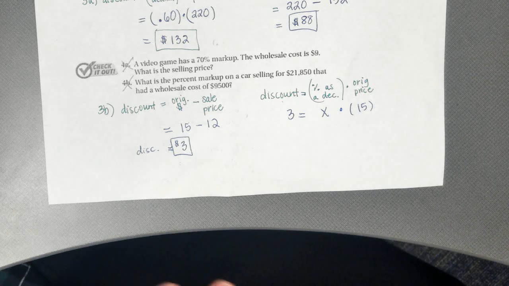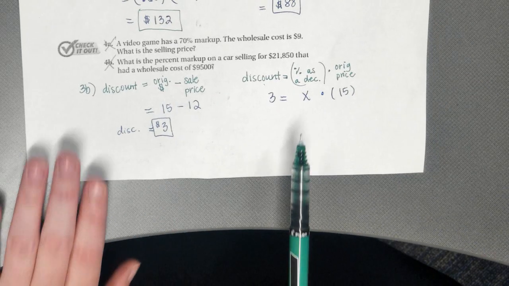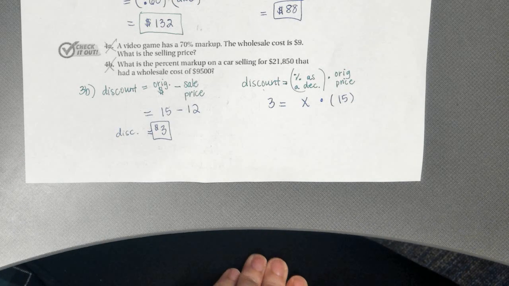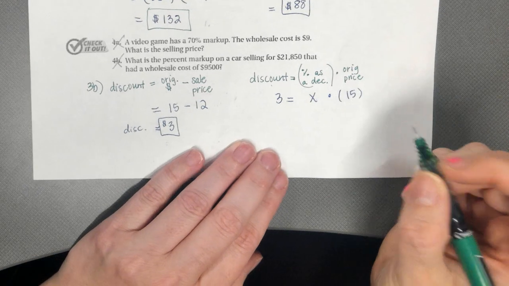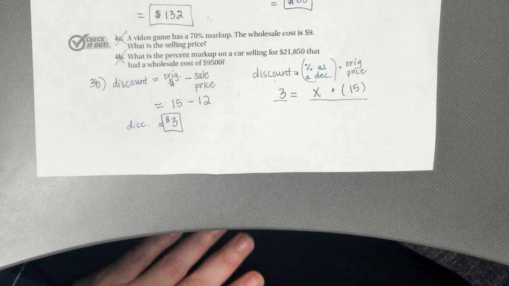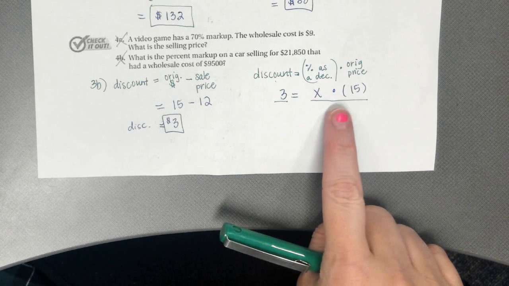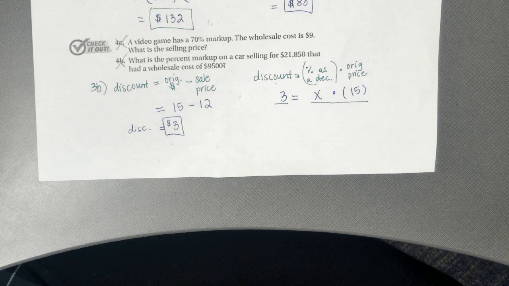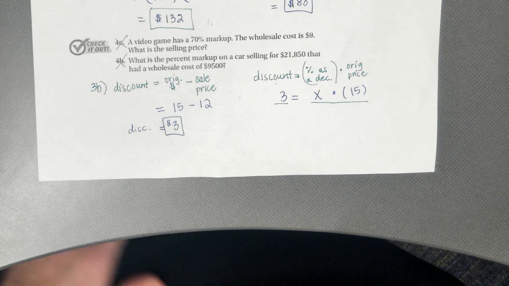Joey, do you want to tell me how to solve it? Because I think you just said it a moment ago. You want to divide both sides, and how do you know whether to divide each side by 15 or 3? Always divide by what's on the same side as the variable.